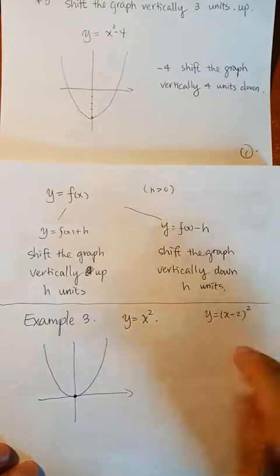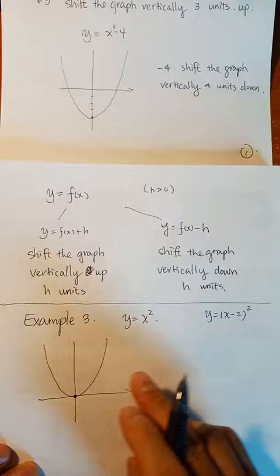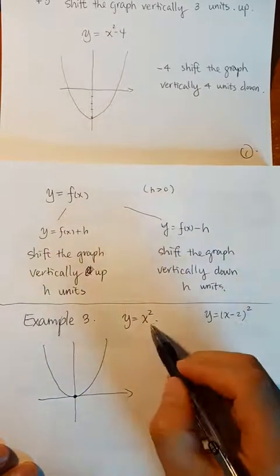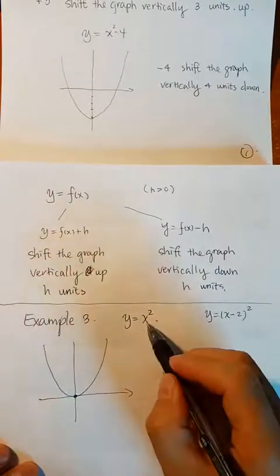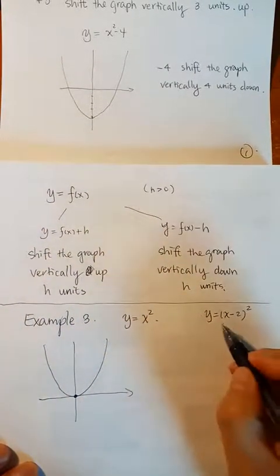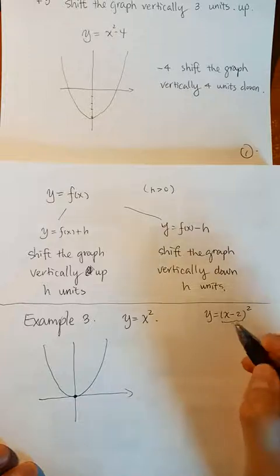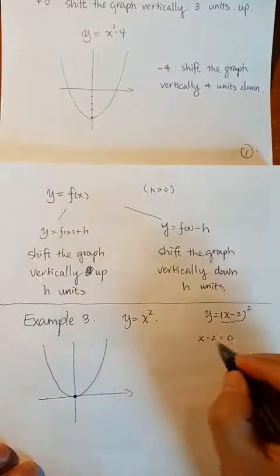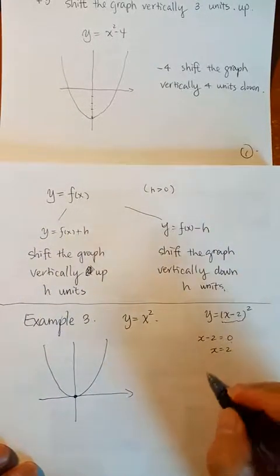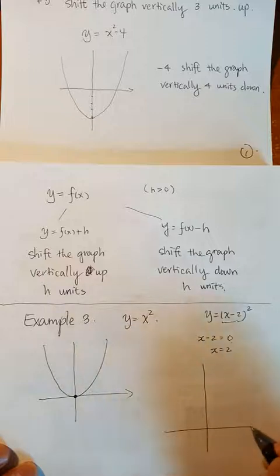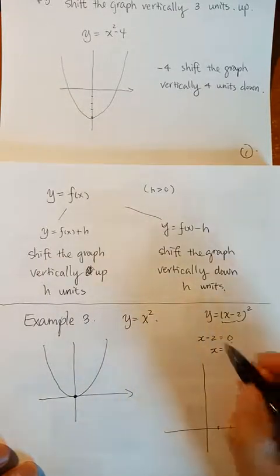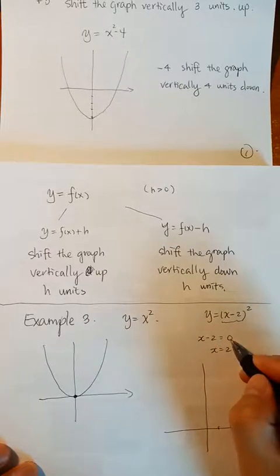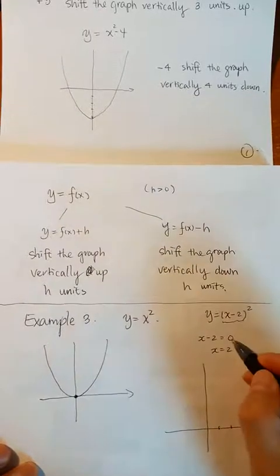So how do I know where I should shift? Should I shift to the right or should I shift to the left? Let's check. x squared: x equal to 0 is the origin. If I want to get 0 from x minus 2, I get x equal to 2. So it means the behavior of the new function at 2 is identical to the behavior of the original function at 0.